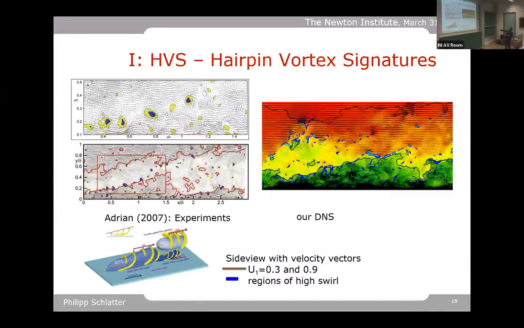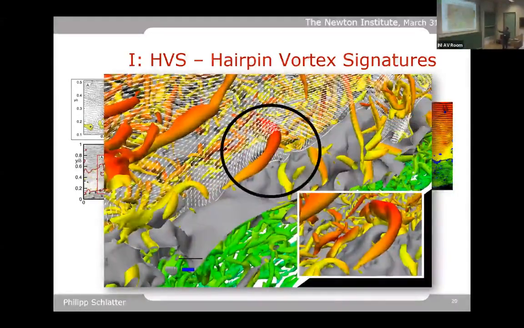So we could find exactly the structure in a spanwise wall-normal plane, where you have these ramps. We have these low momentum zones, the hairpin vortex structures. We looked at many examples, but if you, for instance, look at this structure, you get very complicated spaghetti-like things.